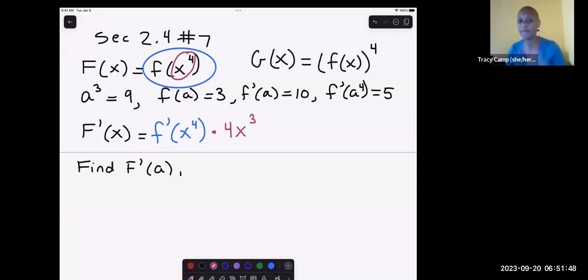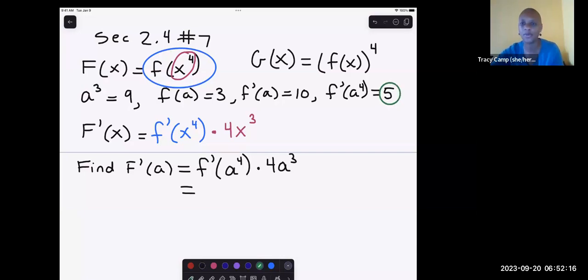And so f prime of a will be equal to, replacing my x's with a's, f prime of a to the 4th times 4a cubed. Then they give us a bunch of information so that we can find the numerical value.